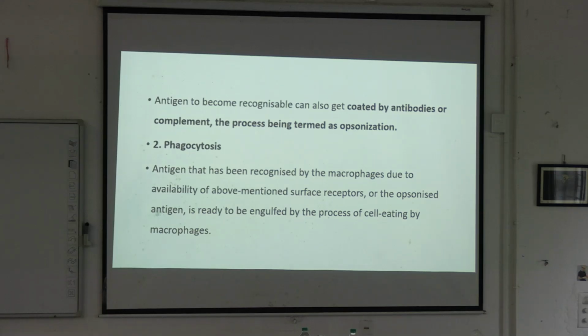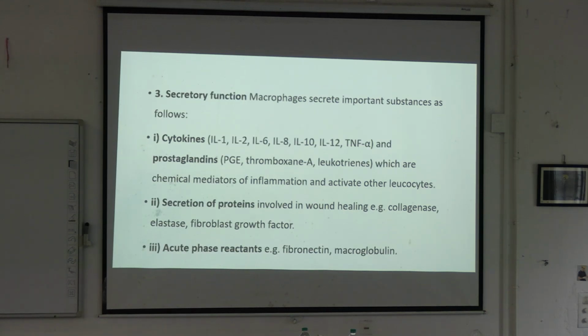Antigen that has been recognized by the macrophages due to the above-mentioned surface receptors, or the opsonized antigen, is ready to be engulfed by the process of cell eating by macrophages. Then secretory function. Macrophages secrete important substances such as cytokines and prostaglandin, which are chemical mediators of inflammation and activate other lymphocytes. They also secrete proteins, acute phase reactants, for example fibronectin, macroglobulin.